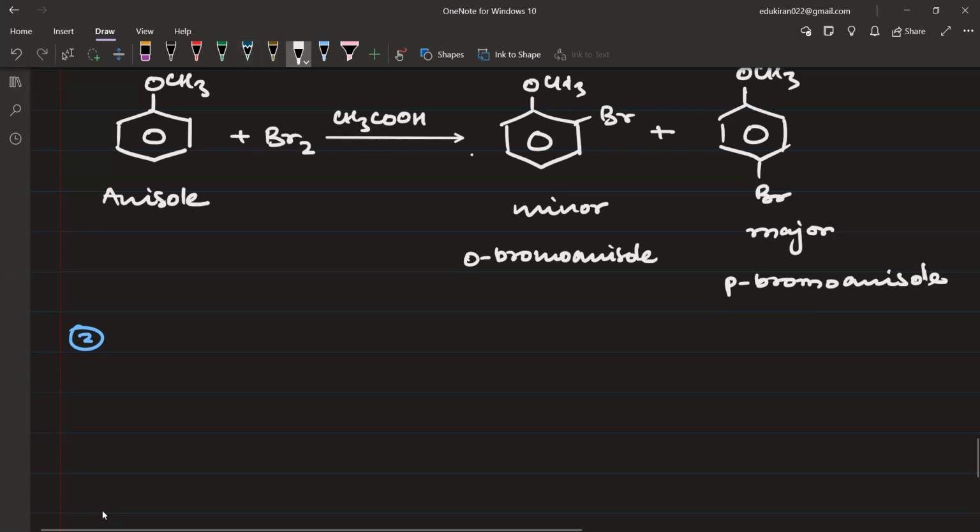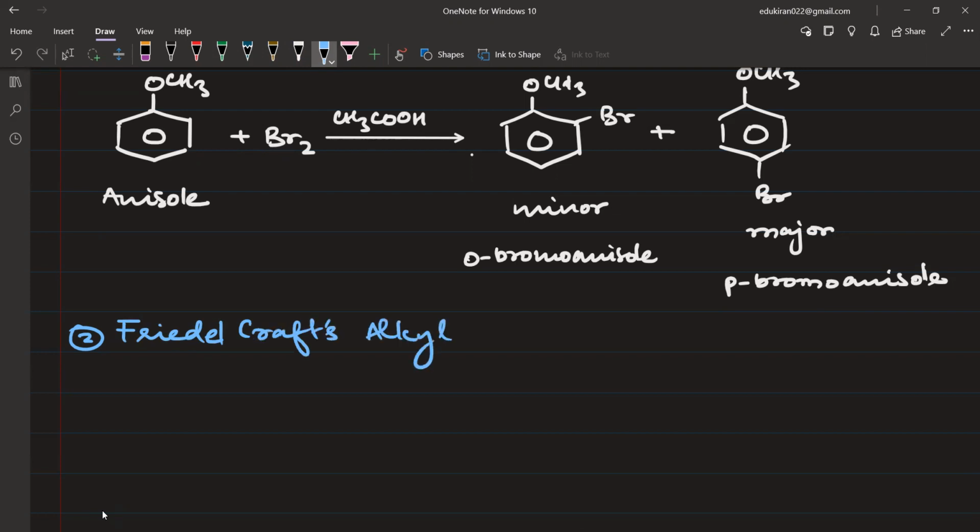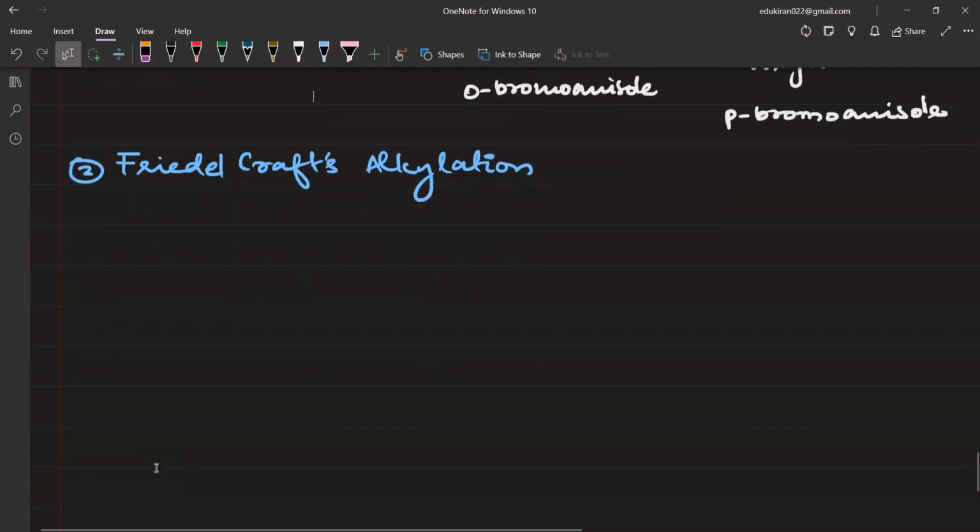Second part, Friedel-Crafts alkylation. I remember I said diethyl ether, which is one of the solvents.